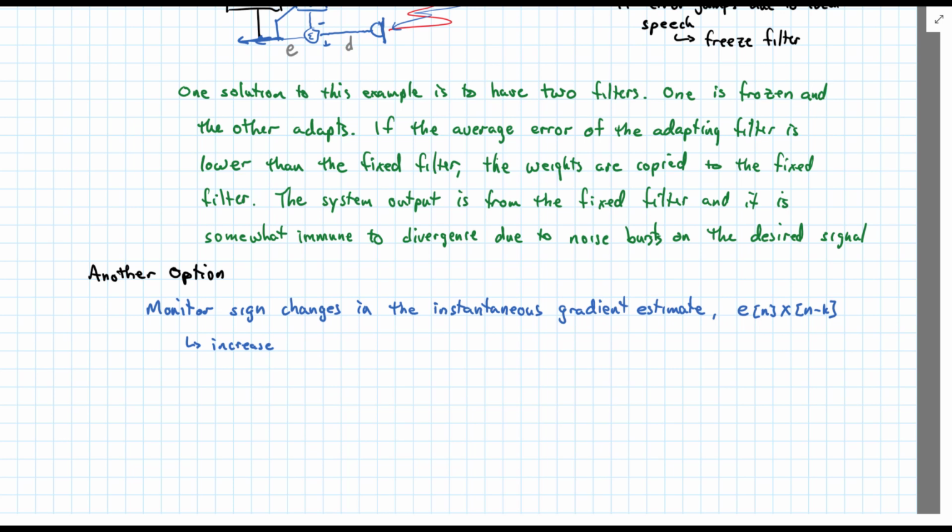What does the sign being the same mean? It means that we're a long ways from the solution, and we have to keep moving in the same direction to get there. Alternatively, if the sign changes frequently, then we can assume that we're pretty close to the solution, and we can decrease our mu.